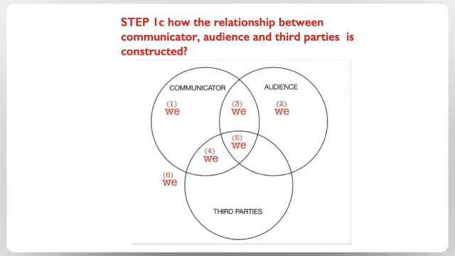So this is what we call the exclusive we. This basically just refers to the communicator. It's the royal we. The Queen talks like this, but some people like to talk about themselves in plural. Then we have, when we talk about the audience only, number 2.